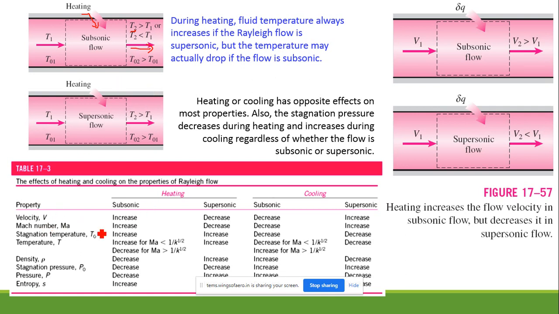And also here you can see, for subsonic flow, upon heating, the velocity is increased, which means automatically the Mach number is increased. The stagnation properties also increase upon heating, and the density is decreased, the stagnation pressure decreases, and the entropy increases.